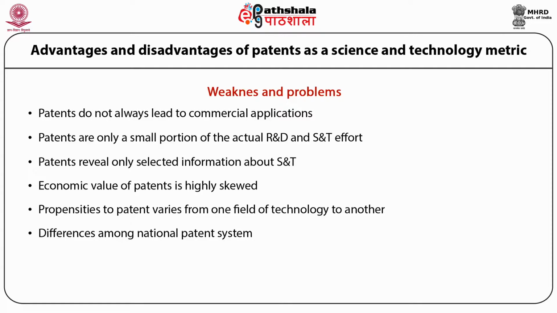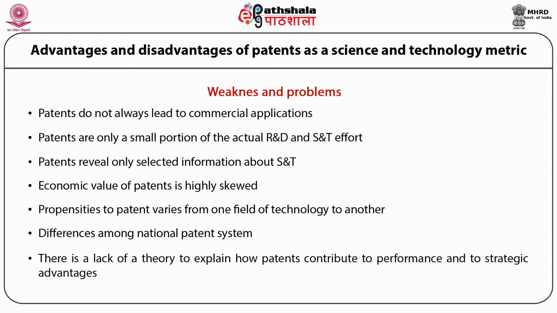For example, software patents cannot be filed and granted in Indian Patent Office, whereas they are allowed to be filed in the US Patent Office and granted. And software patents are one of the most active area of patenting in the US Patent Office. There is a lack of theory to explain how patents contribute to performance and to strategic advantages.